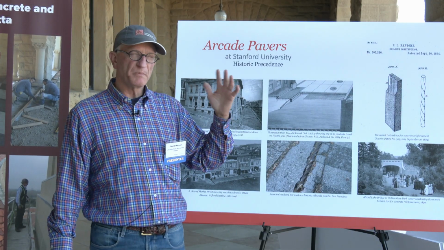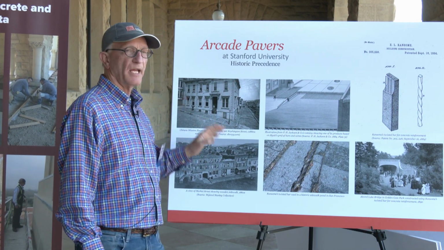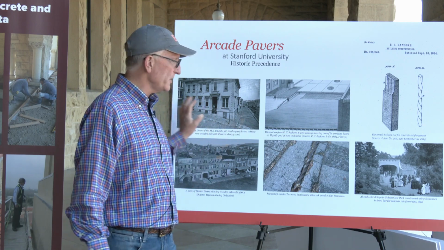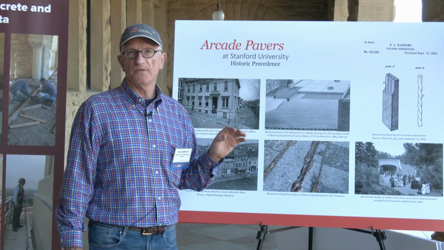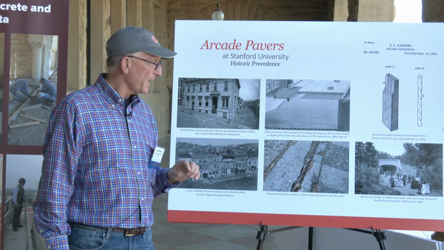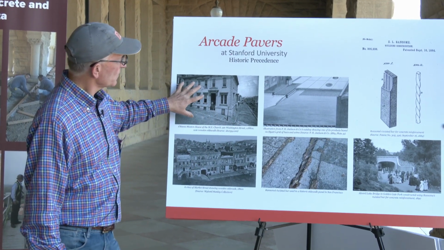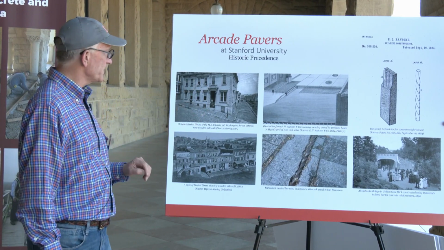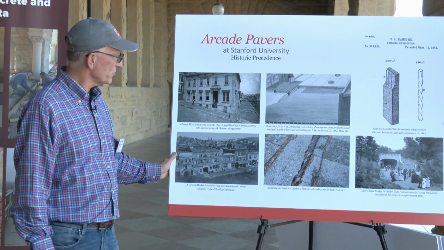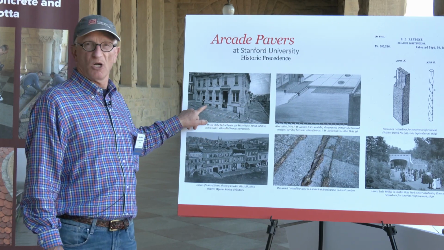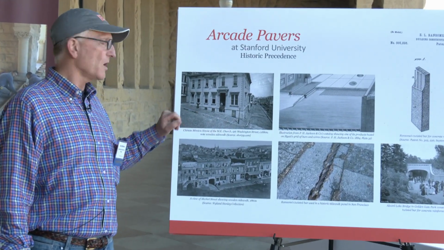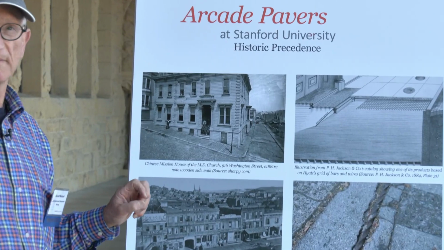So I'm going to shift from clay tile, and we can talk a little bit about that later, about the actual treatments, but I want to give you a little history of pavement. And this is a photo of San Francisco in Washington Street. The 1880s, the streets are cobbled, but the sidewalks are wood.